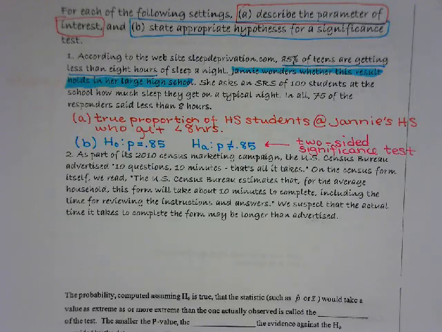A is correct. Mean is up. Yeah, but it's not P. Wait, why did we do H null first?